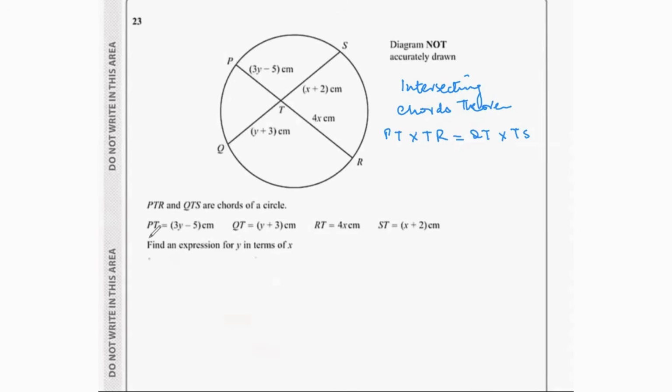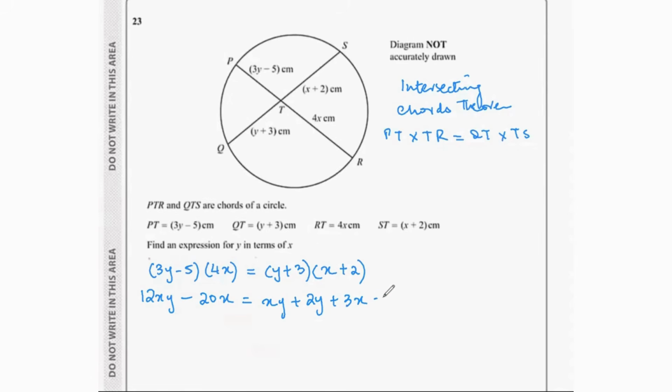So this way, the equation we have is 3y minus 5 times 4x equals y plus 3 times x plus 2. So expand the brackets on both sides. So 12xy minus 20x equals xy plus 2y plus 3x plus 6.